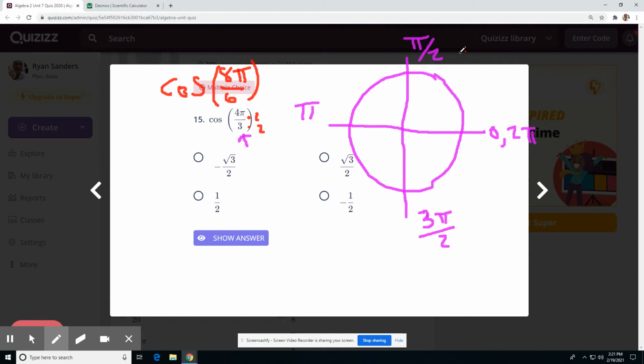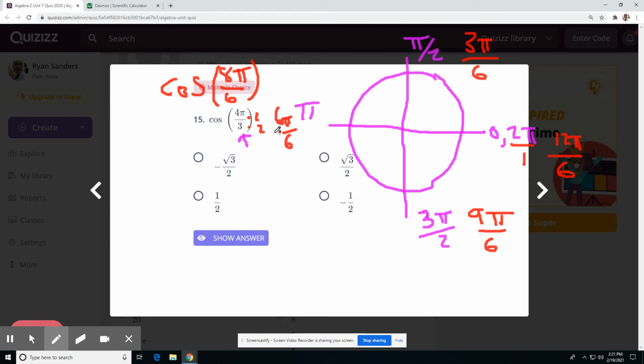So top and bottom multiply by 3, pi over 2 becomes 3 pi over 6. And top and bottom by 6, so that would be 12 pi over 6. Top and bottom by 3, so that'd be 9 pi over 6. Top and bottom by 6, so that would be 6 pi over 6.